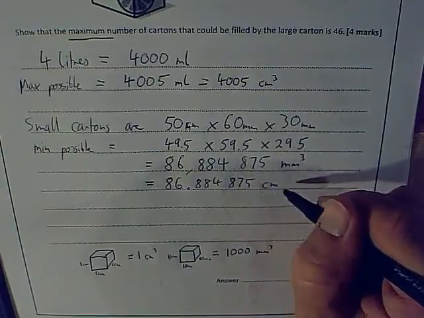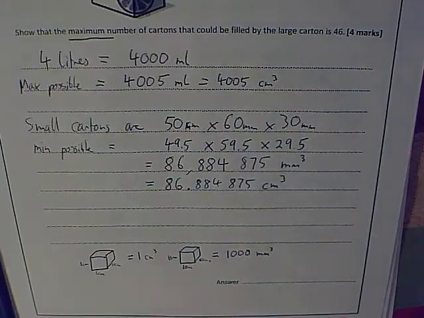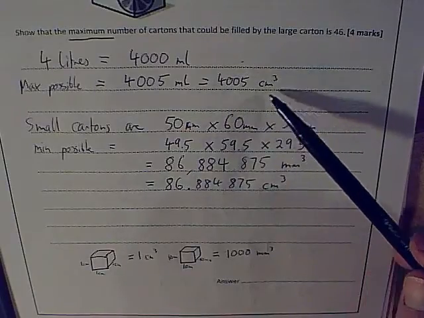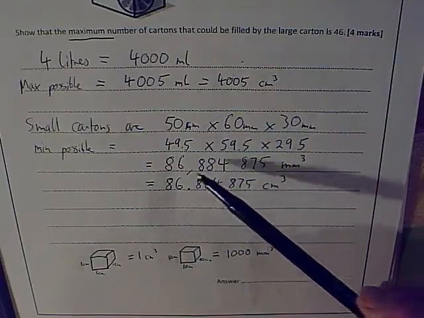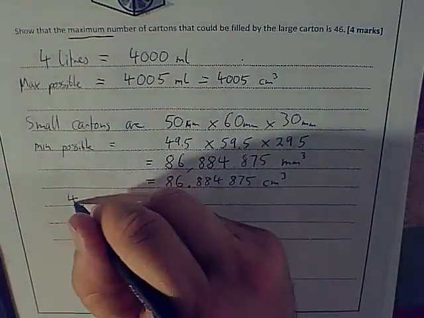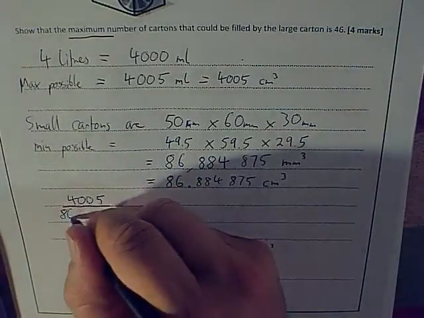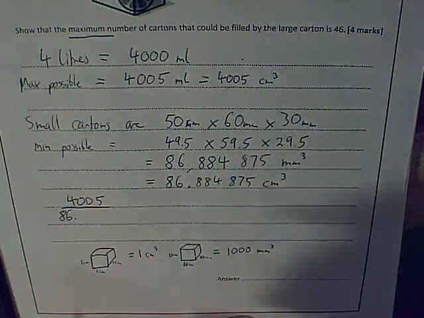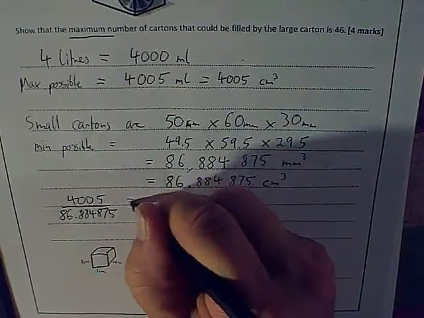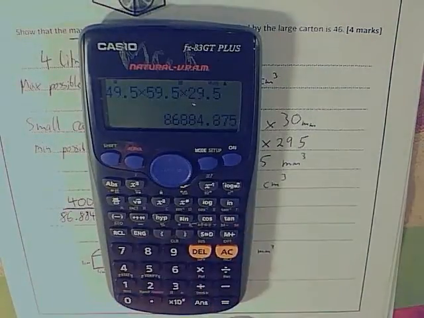So 86,884.875 millimetres cubed equals 86.884875 centimetres cubed. Now I've got the information I need, so I can divide the maximum amount of orange juice by the minimum possible size of the cartons. So I'm going to do 4,005 divided by 86.884875.